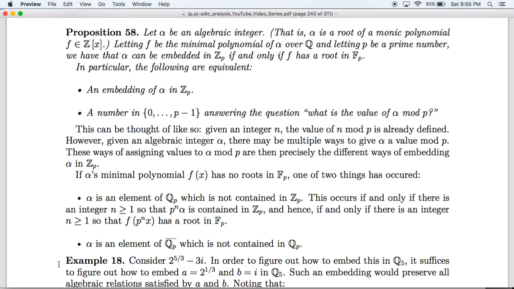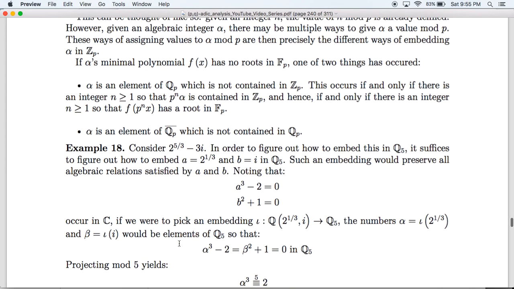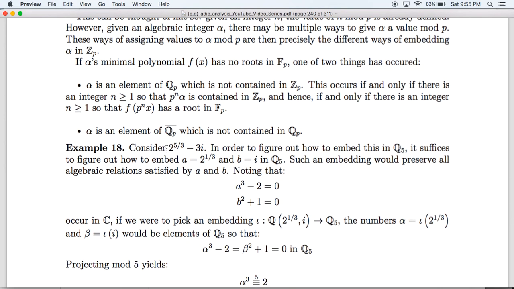The other possibility, and this is the significant one, is alpha is an element of Q_p bar, which is not contained in Q_p. So considering 2^(5/3) minus 3i, in order to figure out how to embed this guy in Q_5, it suffices to figure out how to embed a equals the cube root of 2 and b equals i in Q_5. Such an embedding would preserve all algebraic relations satisfied by a and b.